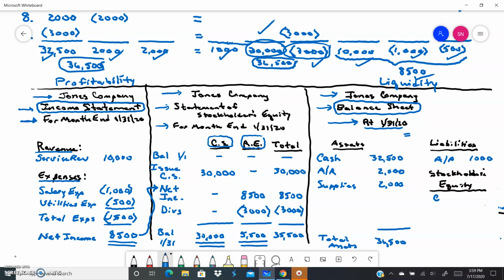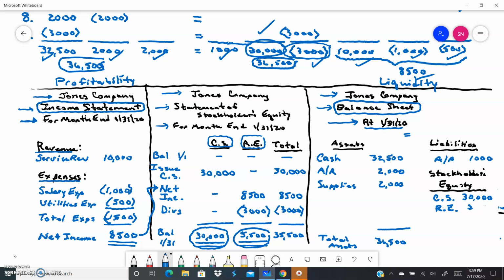We're going to have common stock. And we're just going to take that right off of our statement of stockholders' equity. So we've got our $30,000 right there. And retained earnings. And again, I'm just abbreviating to make things simpler.